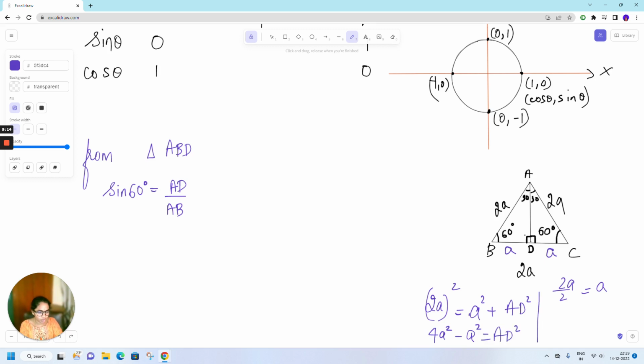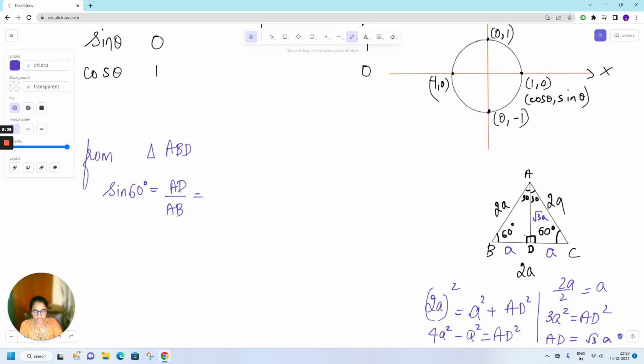So I would get 3A square is equal to AD square. If 3A square is equal to AD square, then AD is equal to root 3 into A. This side AD, the value of that is root 3 into A. Now, what do I have?